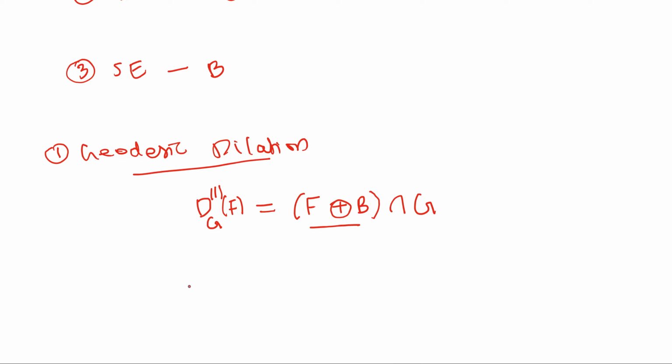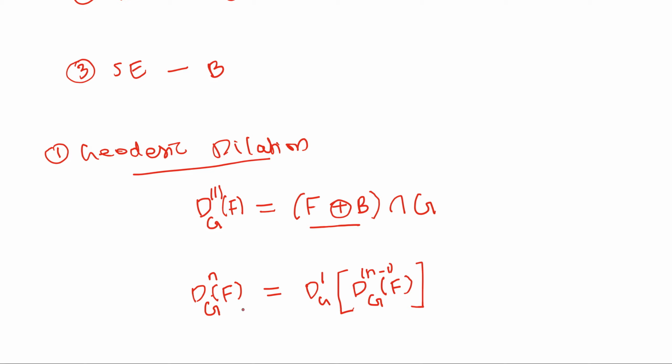Now if you want to apply this geodesic dilation operation of an image or a marker F with a mask G for n times, then you find the geodesic dilation of the image F with the mask G for n minus 1 times, or of size n minus 1, and upon that result you apply the geodesic dilation operation one time.